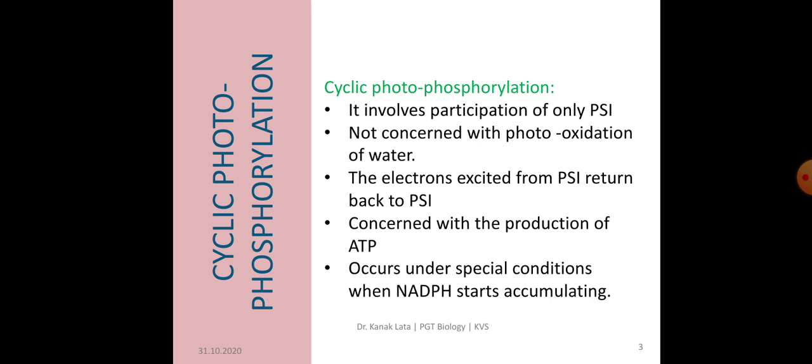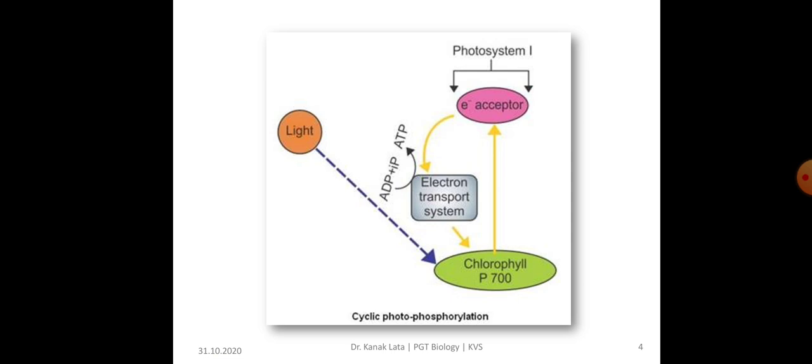Here there is production of ATP. It occurs only under special conditions. And what are the special conditions? When NADPH starts accumulating. Here in the given figure, you may observe the cyclic photophosphorylation. The excited electrons are cycled back to the photosystem 1 complex through the electron transport system.